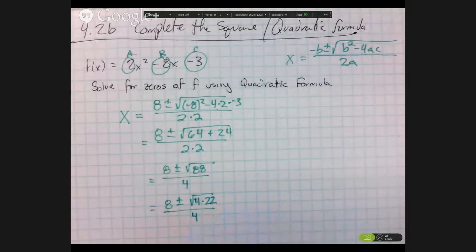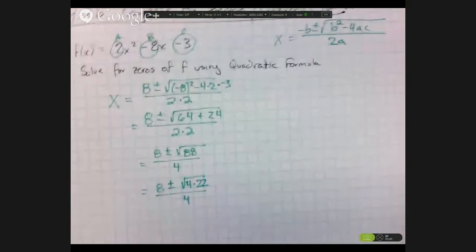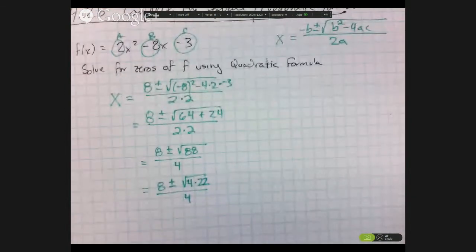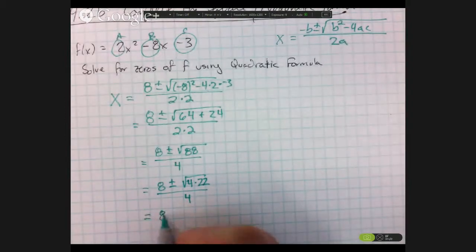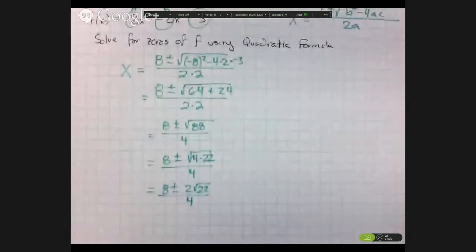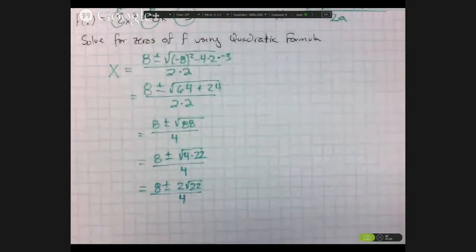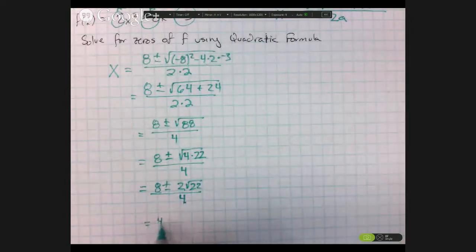Split it into a perfect square times something. What's the square root of 4? 2. And then I can take a 2 out of every term, right? So 4 plus or minus root 22 over 2.